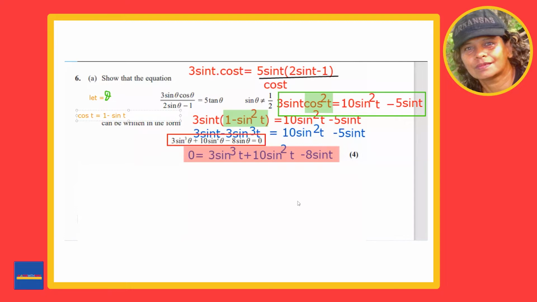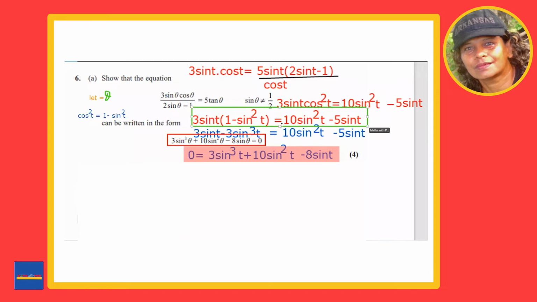So cosine squared of t is equal to 1 minus sine squared of t. So now our left-hand side is going to be 3 sine t into 1 minus sine squared t, and our right-hand side remains the same. All right, so I hope you're okay up to now. This is now where we are at, and this is what we have to simplify.